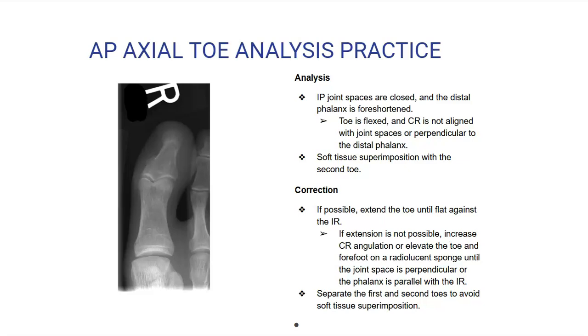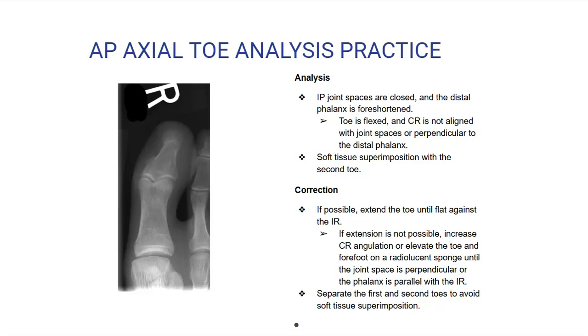To correct these errors, we need to try and extend that toe until it's flat against the IR. If the patient is unable to extend that toe, we could increase the central ray angulation or elevate the toe and forefoot on a radiolucent sponge to align the joint spaces and the phalanx more properly.